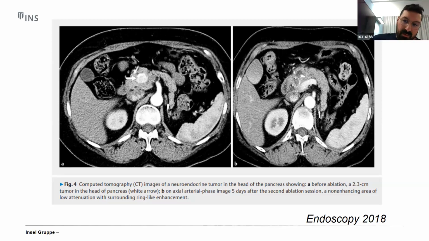Ja, es gibt Serien, wo man das gemacht hat. Theoretisch klingt es wie eine gute Idee, aber man muss auch davon ausgehen, dass die Komplikationsrate für Pankreatitis bei Ablation ungefähr 3 bis 10% beträgt. Eine Einlage von einem Pankreasstent mit einer ERCP hat ungefähr die gleiche Rate für Pankreatitis-Risiko.